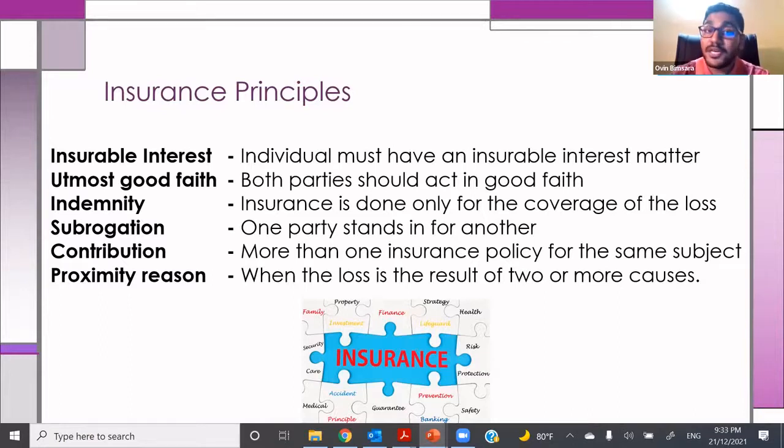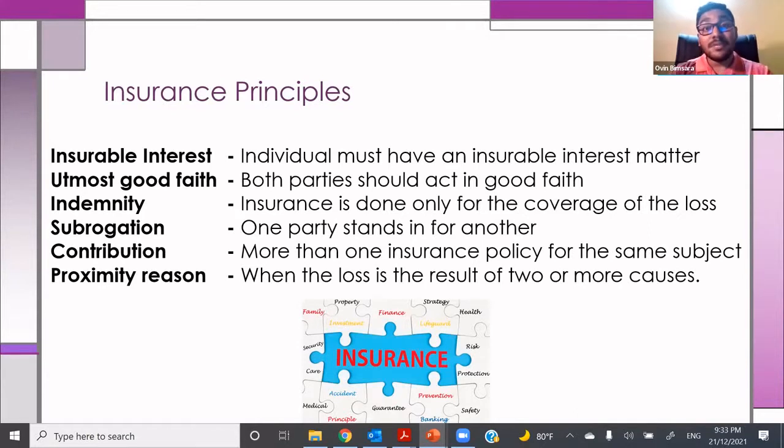Then subrogation. One party stands in for another. That means when it comes to an insurance, whoever has been affected needs to be compensated. When it comes to that Express Pearl incident, the fire started when they left the Middle East harbor, and it was just slightly in the Indian harbor as well, but somehow finally the ship sank in the Sri Lankan ocean, and because of that our sea got negatively affected.